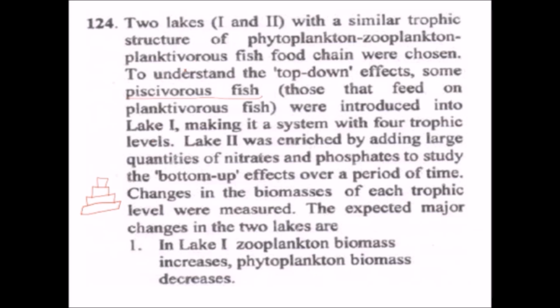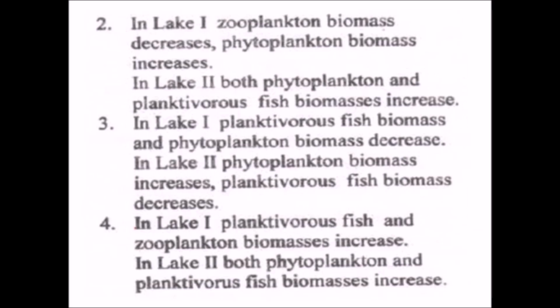If the amount of this trophic level decreases, then those who feed on it... the amount of the next one will increase with the decrease in the number of its predators. So the zooplankton biomass will increase, while the phytoplankton biomass will decrease, because if there is an increase in the zooplankton which feed on the phytoplankton, there will be a decrease in the biomass of phytoplankton. So the answer will be number 1.